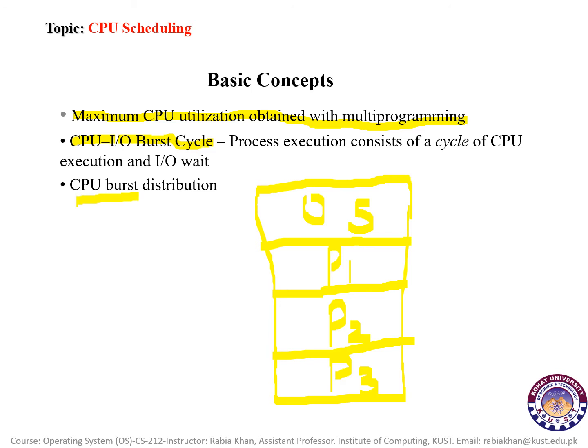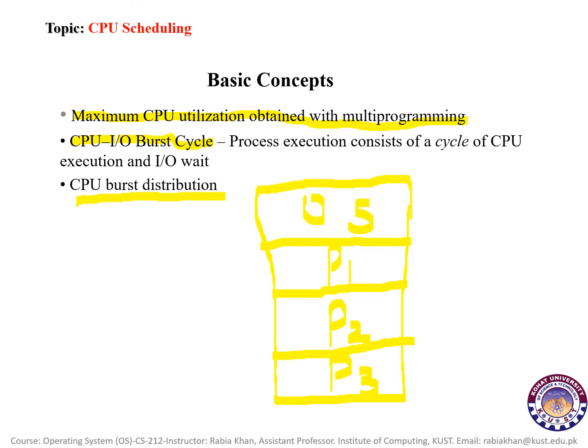CPU burst is distributed within the process lifecycle. The CPU is not provided to a process only once. Rather, it is provided in quantums, in short durations, in short time spans. It is given CPU once for a short duration and then it goes back to wait for its turn again in RAM.